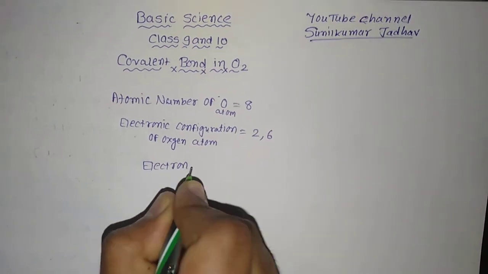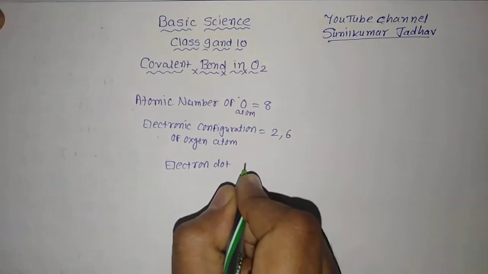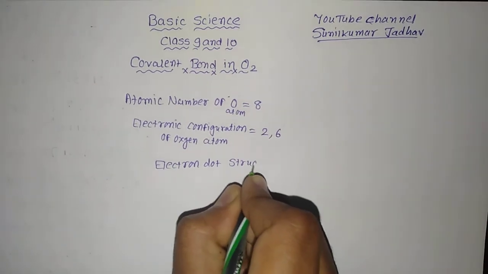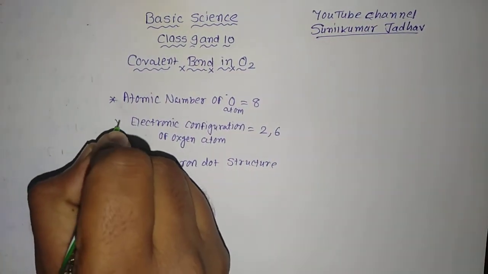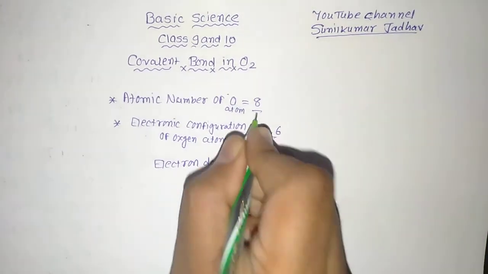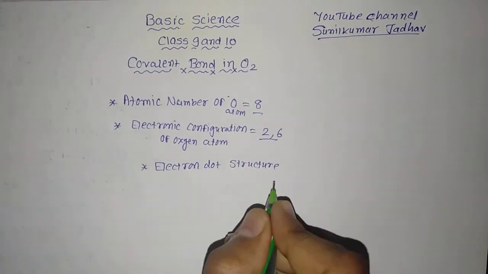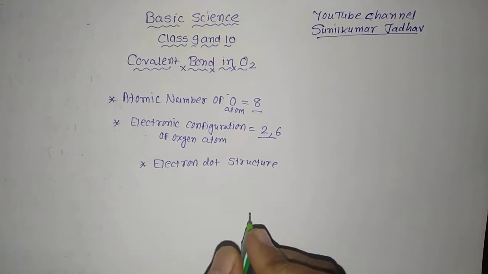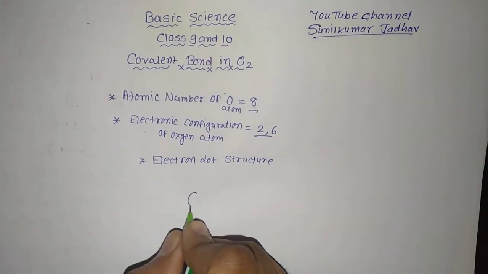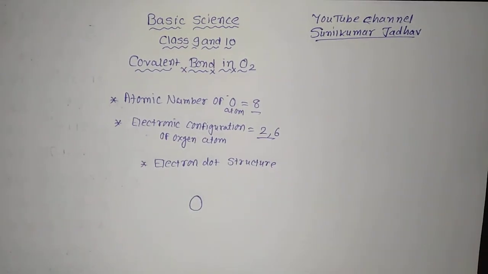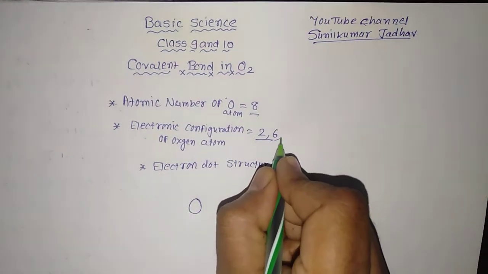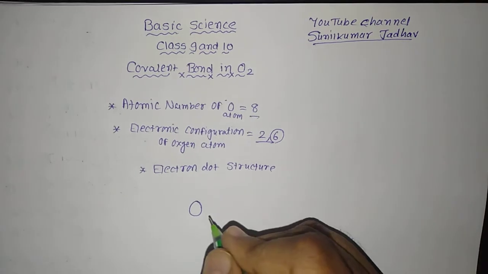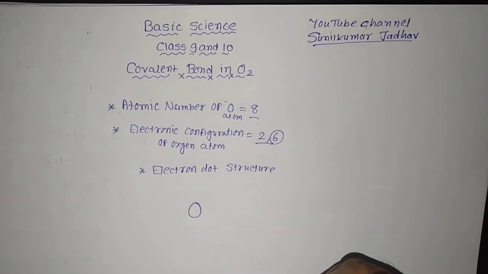Electron dot structure. This is what we have seen: atomic number, electronic configuration 2, 6, and now the electron dot structure for the covalent bond. This oxygen element, I will write it here. You know, in the electron dot structure, the outermost orbit's electrons we show around the symbol of that particular element.